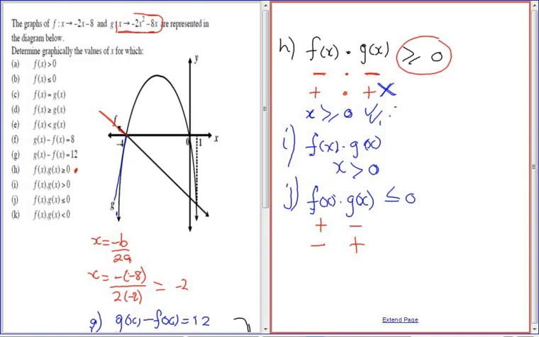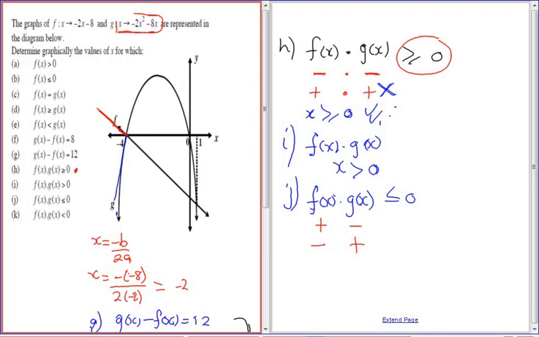So those x values, when f(x) is positive, let's find them. Oh, luckily for me, it's already highlighted, this part. f(x) is positive. Where is g(x) in that time? As you can see, g(x) is negative. Do you see that we just satisfied our condition?